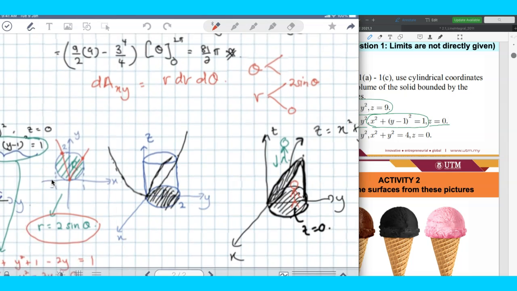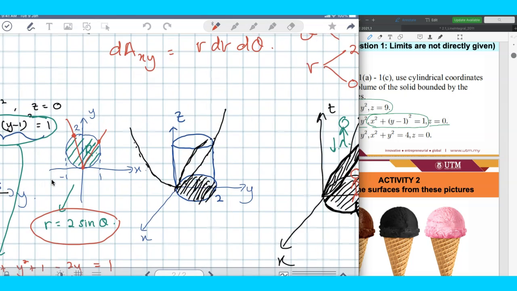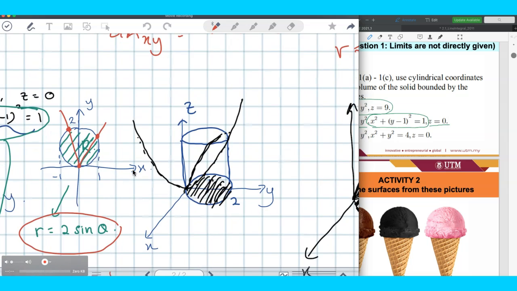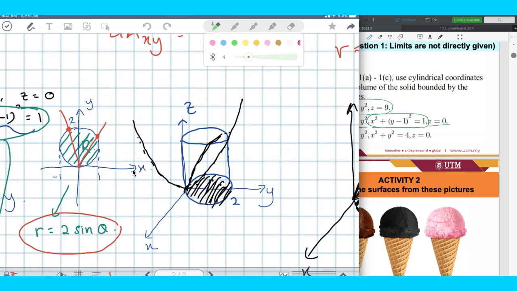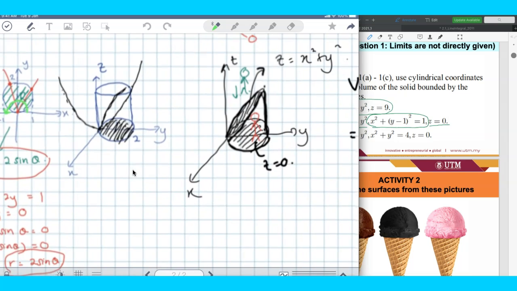Okay. And how about theta? Theta is the angle. As you can see here, your region is passing through the origin, so it should start at x equal to 0 and then complete on the origin again, but only passing through the first and the second quadrant. So in terms of theta, 0 to 2 pi. Okay, first and second quadrant.